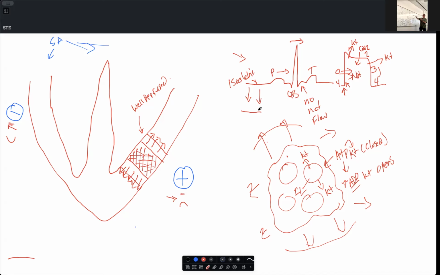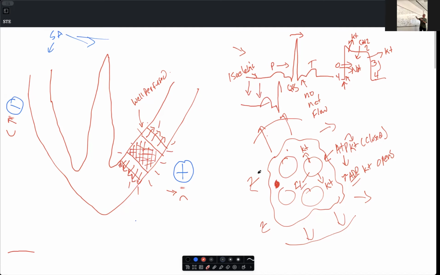And so the isoelectric line gets shifted down, it gets reset, and then you've got the P wave, you've got the QRS, and then you have the T wave. And during the T wave, everything depolarizes, and that potential voltage difference, really, the difference in charge concentration between these injured and ischemic cells and these healthy myocytes in the surrounding tissues.